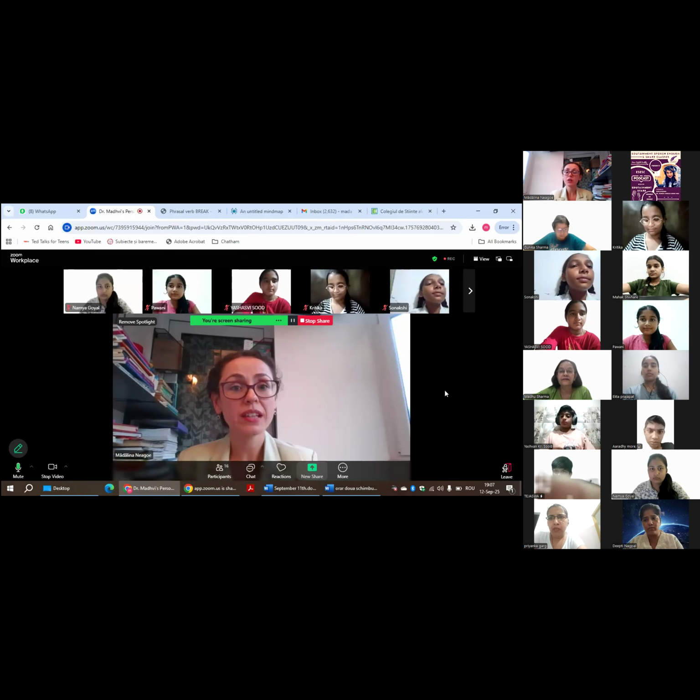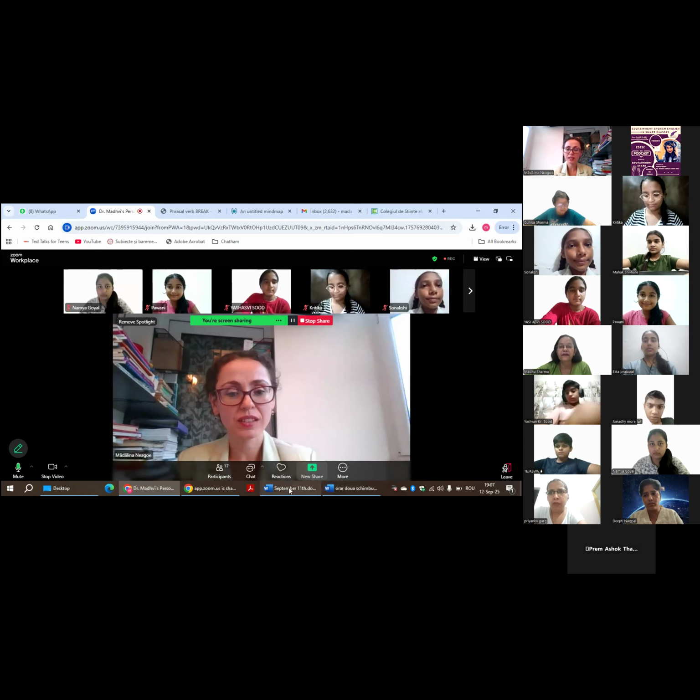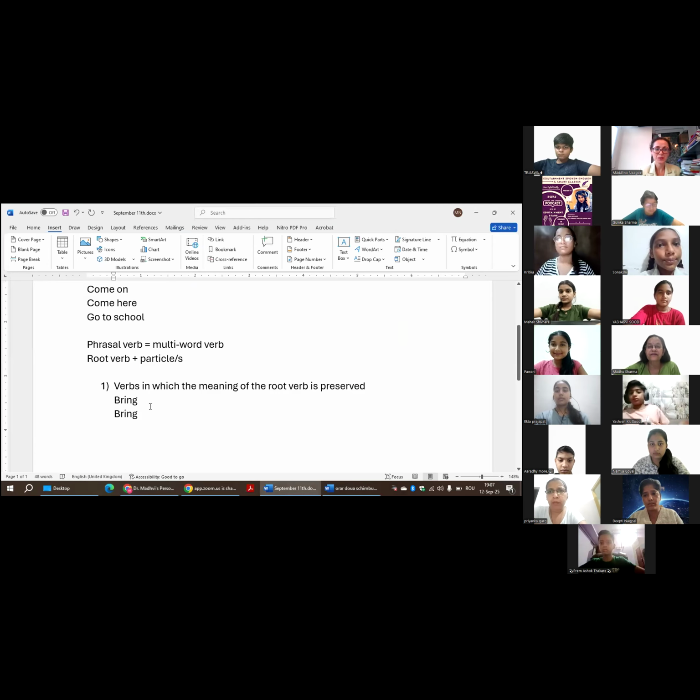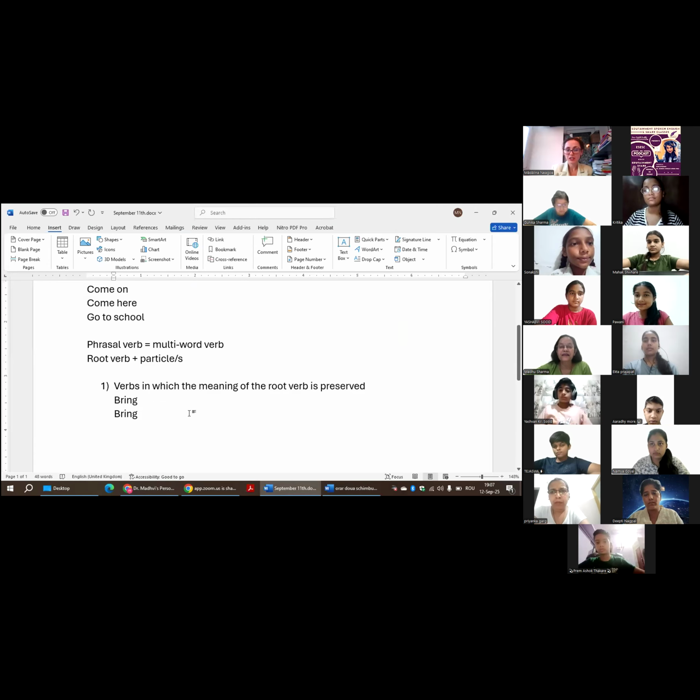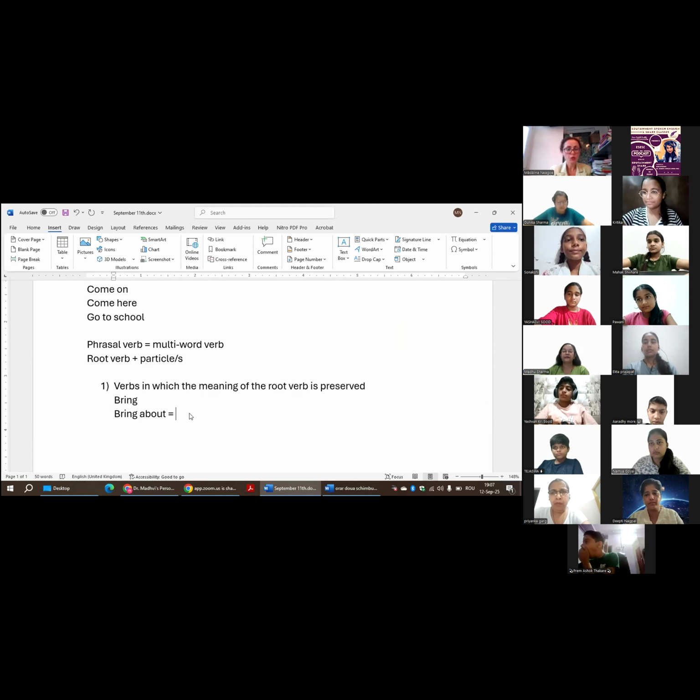To carry, yes, that is correct. Thank you. But if to the verb bring we add a particle such as about, bring about, then the meaning is slightly changed by the particle, but the root verb shows us what the final meaning will be.